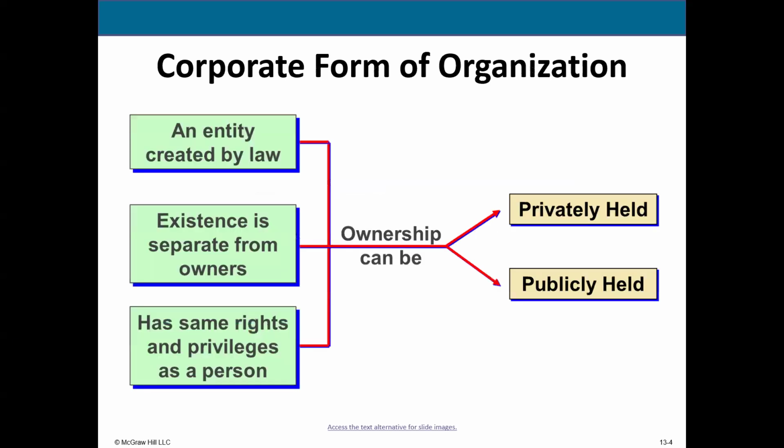The best way to think about a corporation is that it is its own legal entity. It's separate from the owners. The corporation kind of acts as its own person. The corporation is responsible for its own income, responsible for paying its own taxes, and it's separate from the owners.